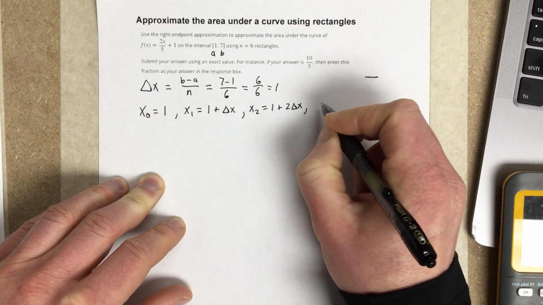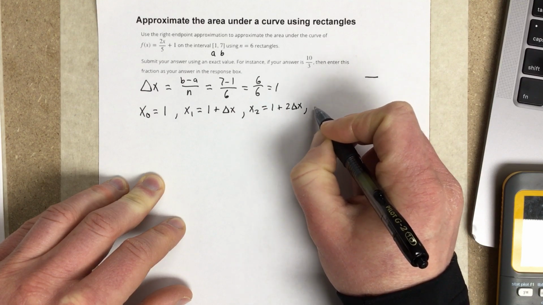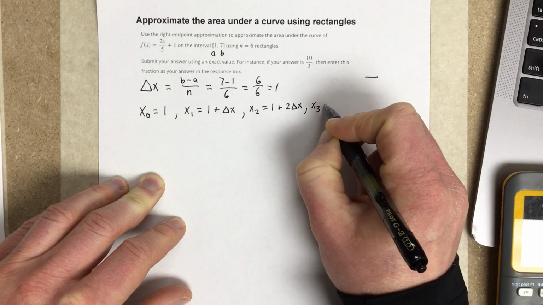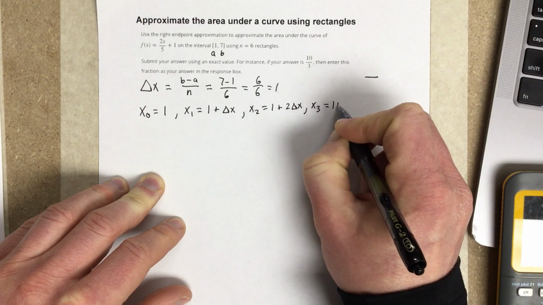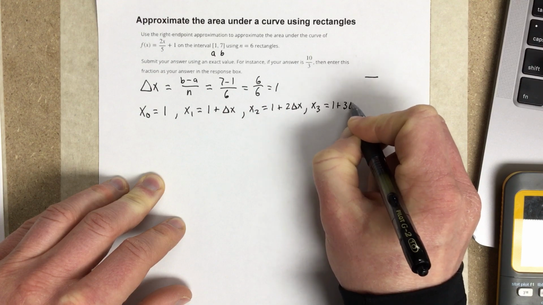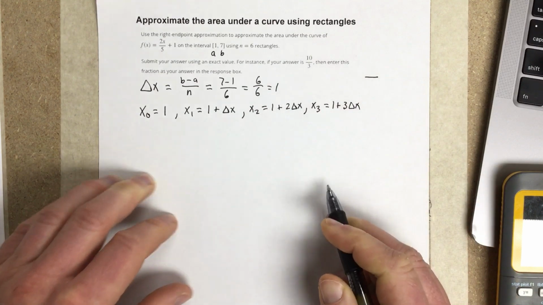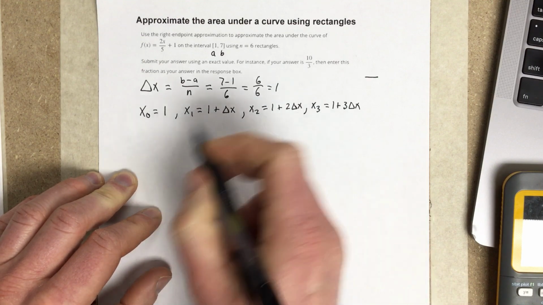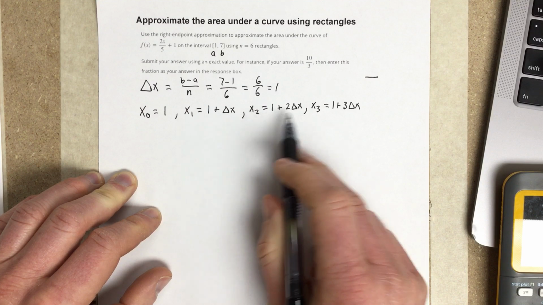And then x sub 3 would be equal to 1 plus 3 change of x. And this is going to continue until we get to 6 rectangles.